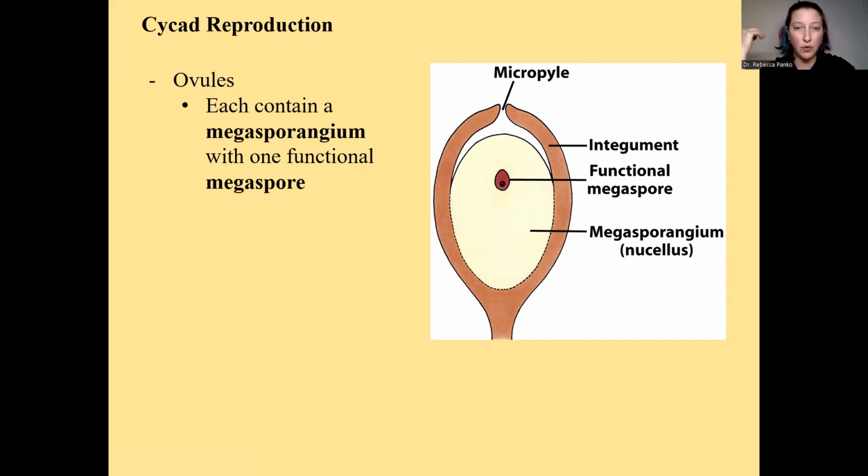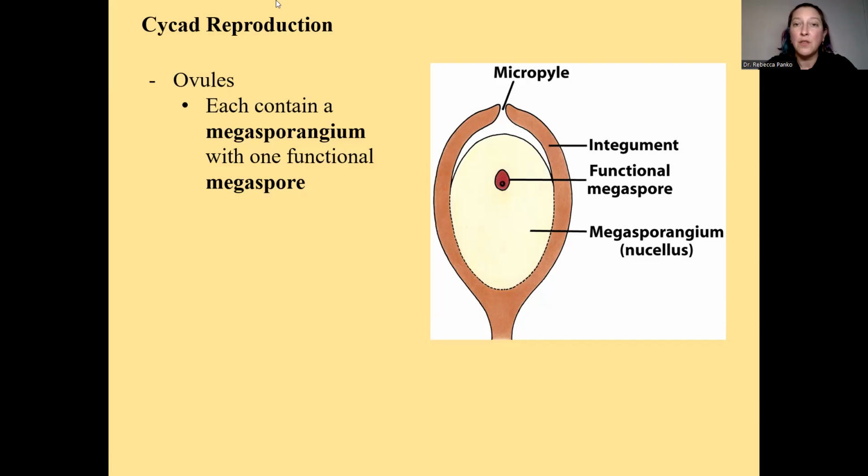This diagram is showing you a picture of an ovule. Inside of each ovule, you'll have a megasporangium that will have one functional megaspore. And that megaspore will grow into the female gametophyte plant, who will live inside of the ovule. The female gametophyte plant will have all the things a female gametophyte plant tends to have, meaning sex organs that make eggs.